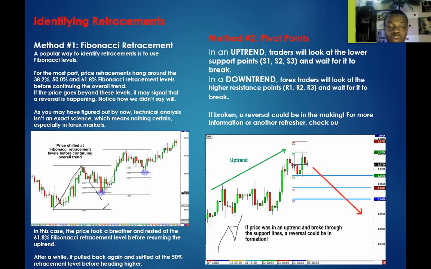So after it got to 61.8, which is very sure that the market is going to return, it then retraced to 50, which is here, and continued. Before you know it, it extended. So here is called extension. As far as it has broken the previous high and gone higher again, it becomes an extension.